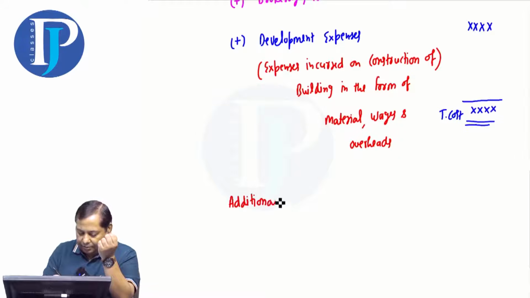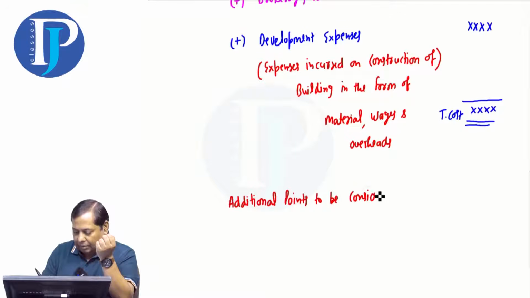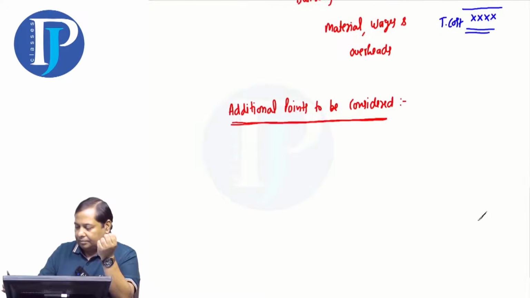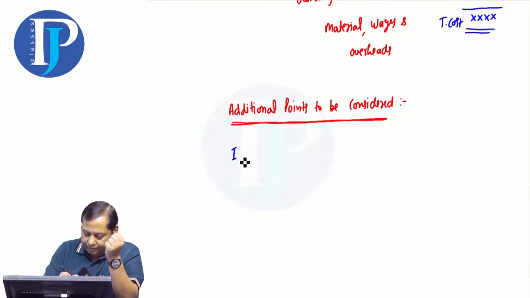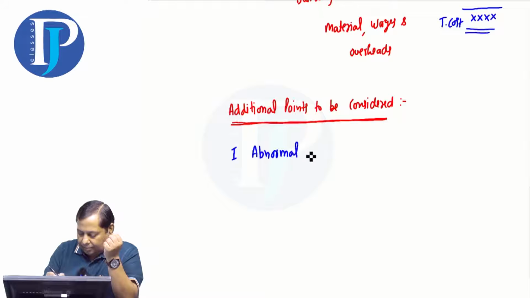Additional points to be considered. The first point is on abnormal wastage or on the losses.